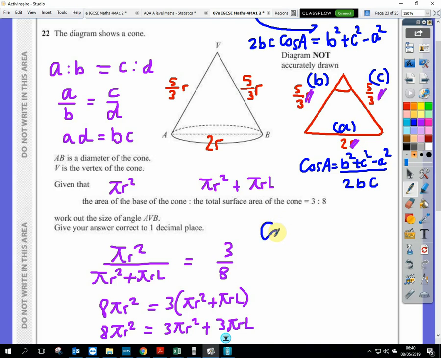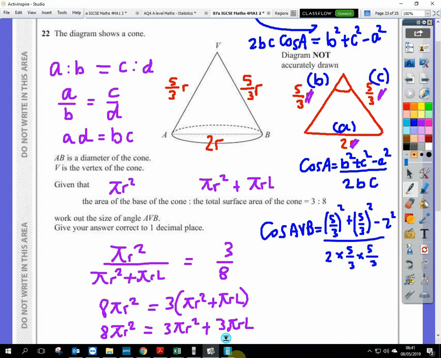So I can start to substitute now to work out cos of AVB, which is the angle at the top. So it's 5/3 squared plus 5/3 squared minus 2 squared over 2 times 5/3 times 5/3.